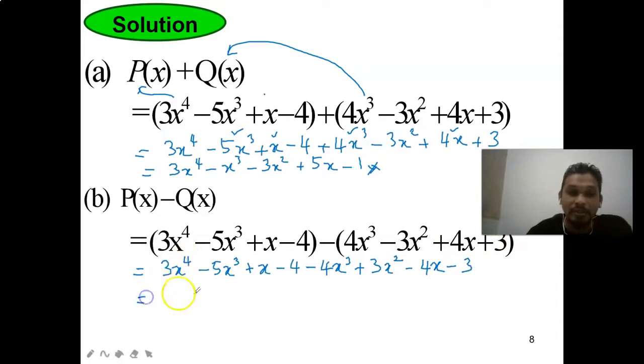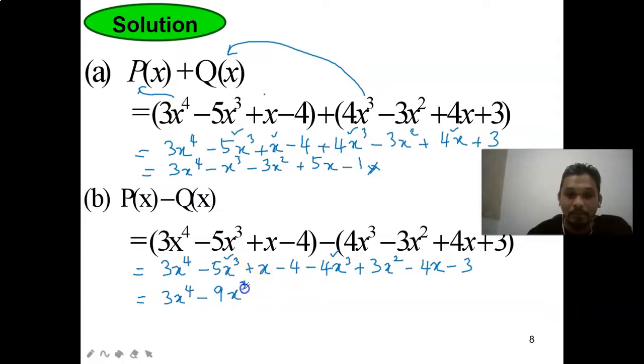For 3x to the power of 4, there is no other, so retain 3x to the power of 4. Negative 5x cubed, we compare with this: negative 5x cubed minus 4x cubed equals negative 9x cubed.